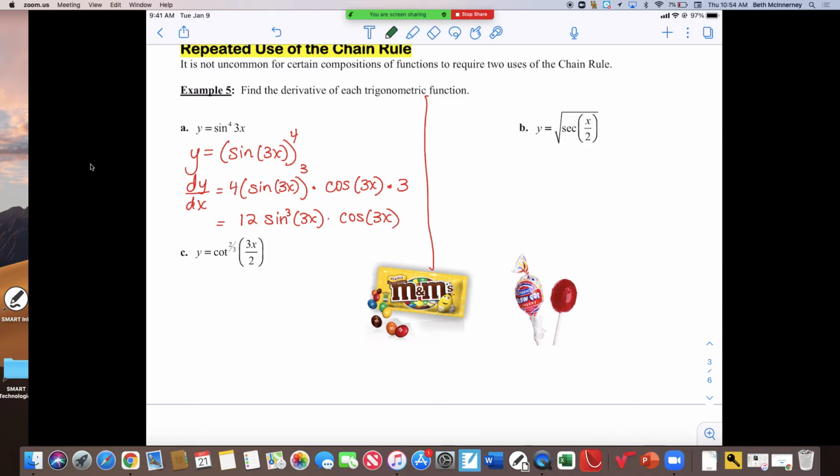All right, I'm going to start with B, then I'll pause again and let you work on C, but I want to make sure we're off on the right start.